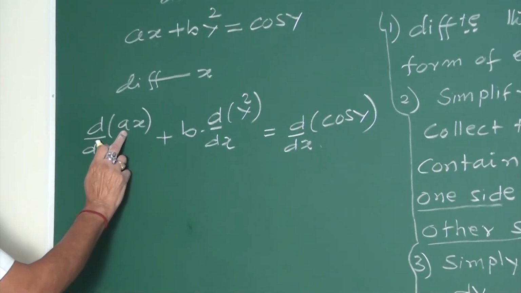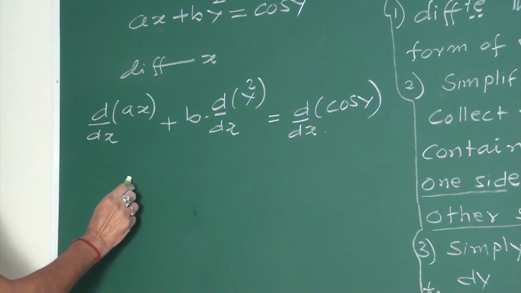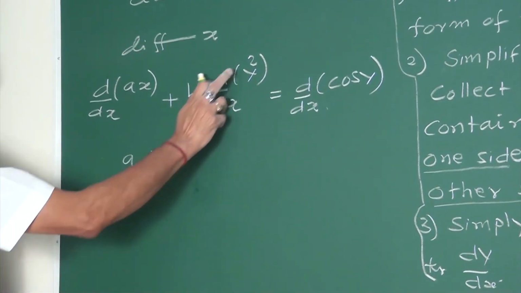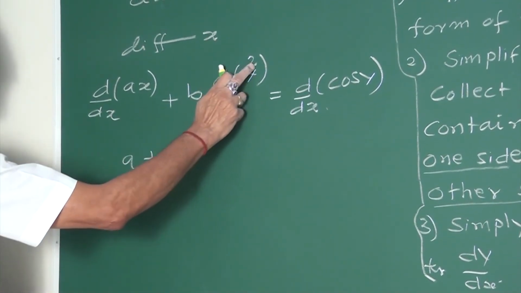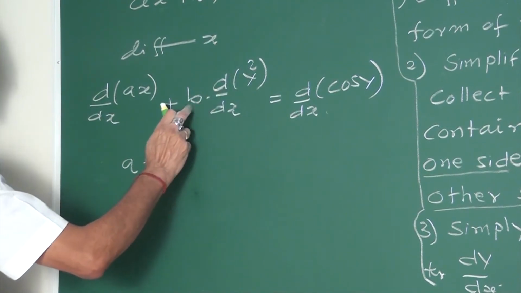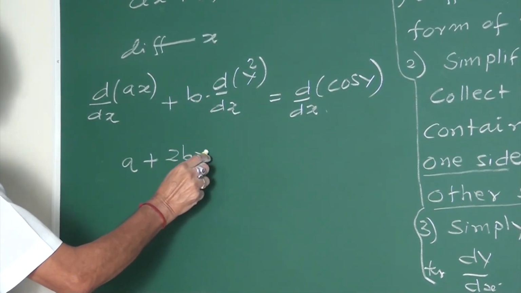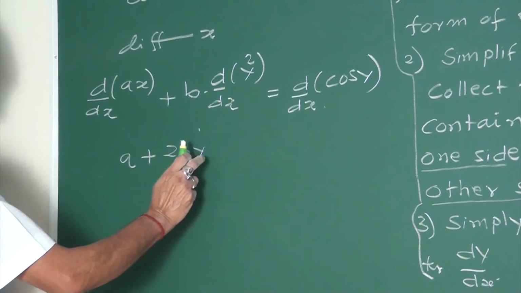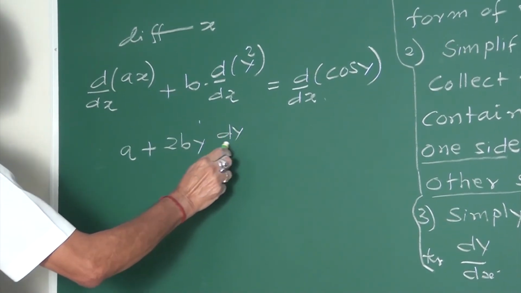The derivative of kx is k, so ax gives a, plus the power 2 into b, k into n, 2 into b, y to the power one less, into the derivative of y with respect to x.